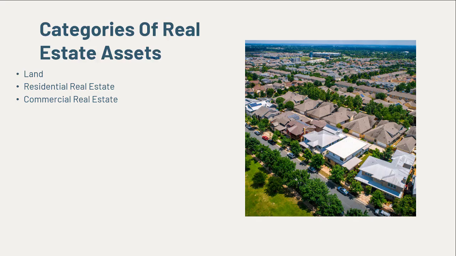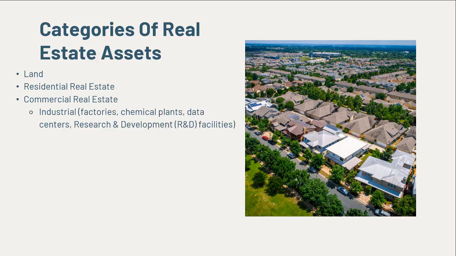So let's talk about some of the other types of commercial real estate that exist. So there's industrial. These are factories, chemical plants. Now with the internet, in the last 25 years, the internet has become a big use of real estate, because all the data centers that are required to keep the infrastructure going are a very intense use of real estate.